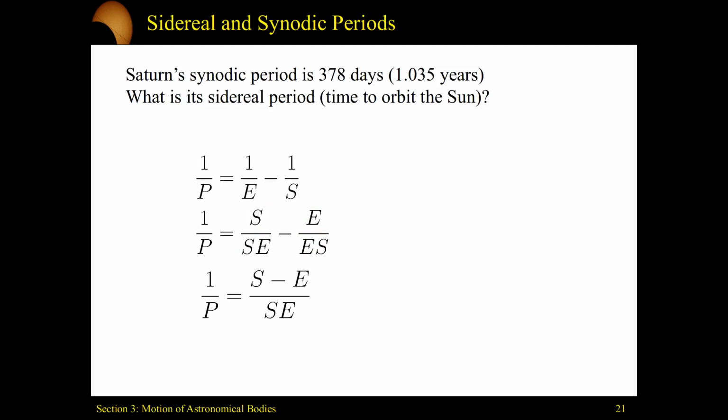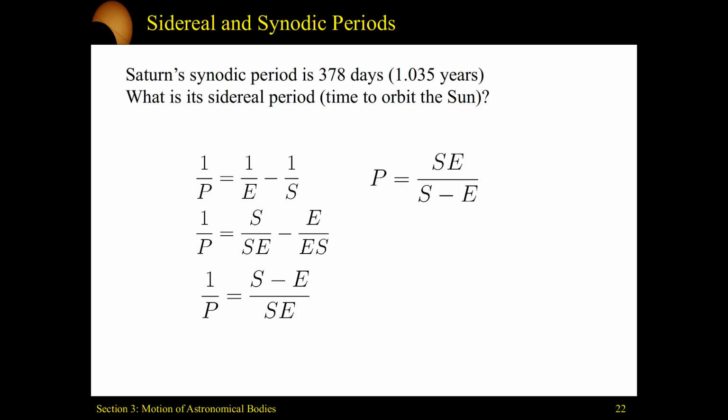So now we can see that common denominator, SE or ES, order doesn't matter. Combine them, and we'll just be left with this S minus E term, which means now we're free to just flip the equation around. Flip this one over, get P in the numerator. Correspondingly, flip these guys over. So we'll do this.